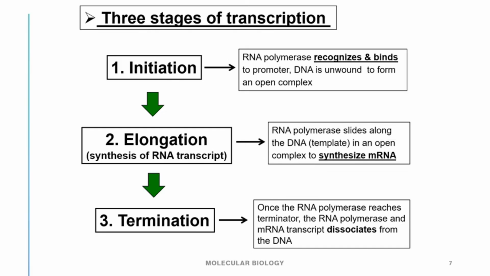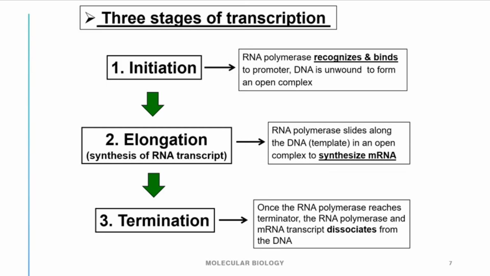After initiation, the transcription moves on to elongation, which is the main process of the synthesis of the RNA transcript. During this process, RNA polymerase will slide along the DNA template, which forms an open complex similar to the replication bubble in DNA replication, and in the process it will synthesize RNA.